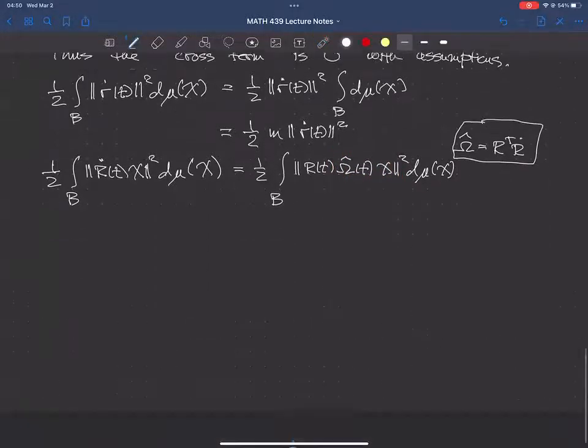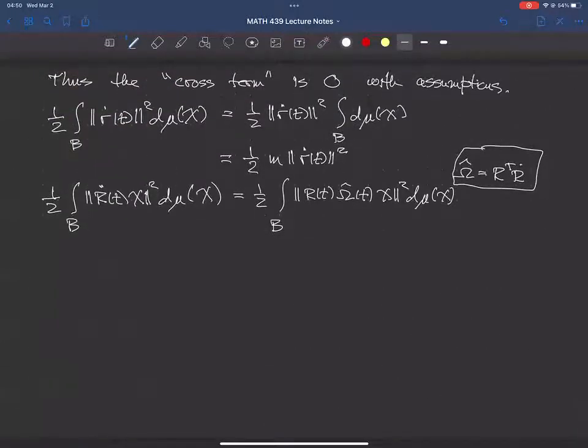So if you take a vector in R3 or Rn, and you rotate it by an orthogonal matrix R, that doesn't change the length, right? That's one of the properties of orthogonal matrices. So the point is that we just can scratch the R.